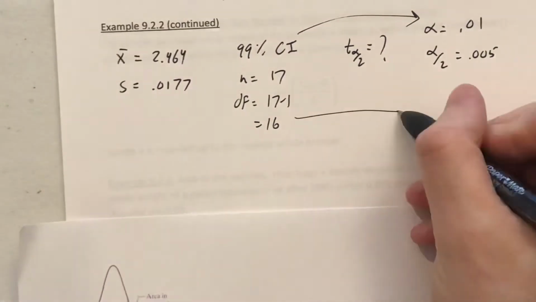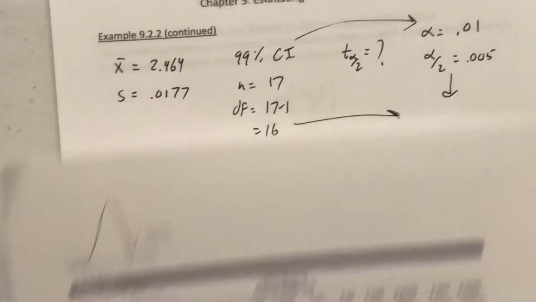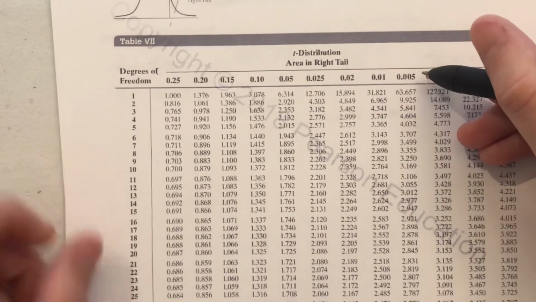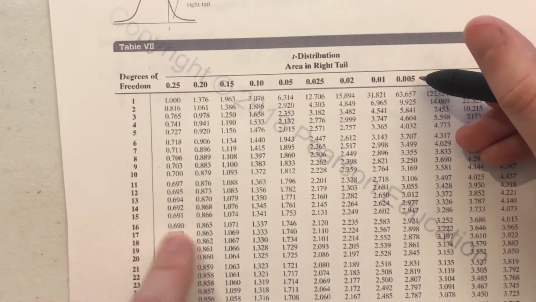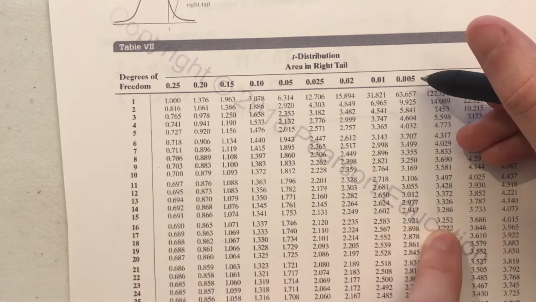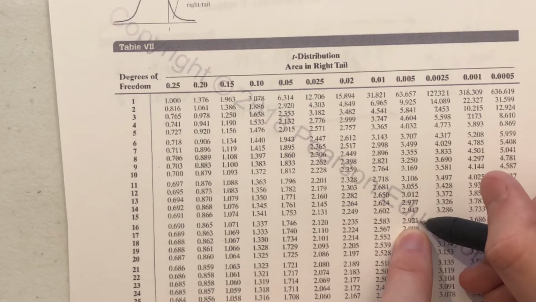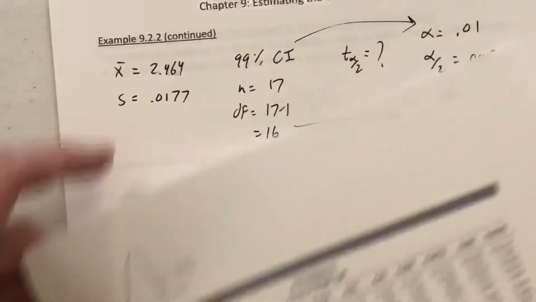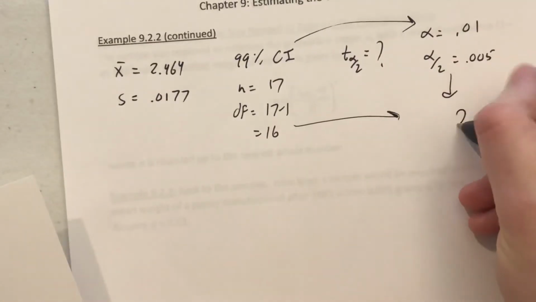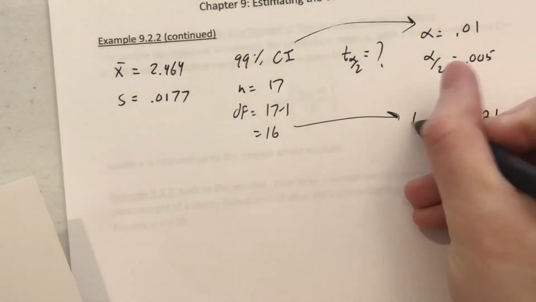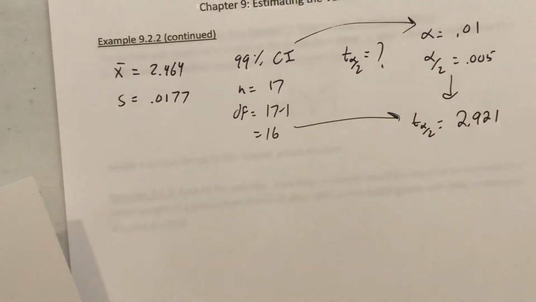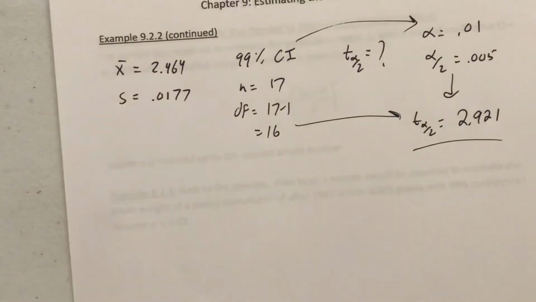So we're using degree of freedom 16 with an alpha of 0.005. There's 0.005, degree of freedom 16, come over, down, and it looks like 2.921 will be our t-score for this confidence interval.